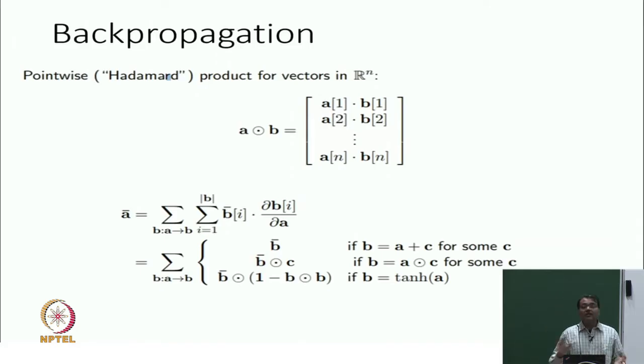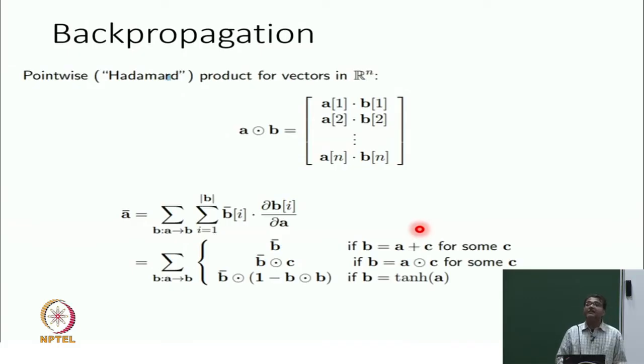Okay. Now I don't know if you have done calculus in linear algebra. Whether you have done it or not, you can verify it either way. So here essentially what is going to happen is that if b vector is equal to a plus c vector, then it will still be the b bar vector. If b vector is equal to a dot c vector, now this dot, the special symbol, is what is called the Hadamard product, where the a vector and the c vector are multiplied element wise.